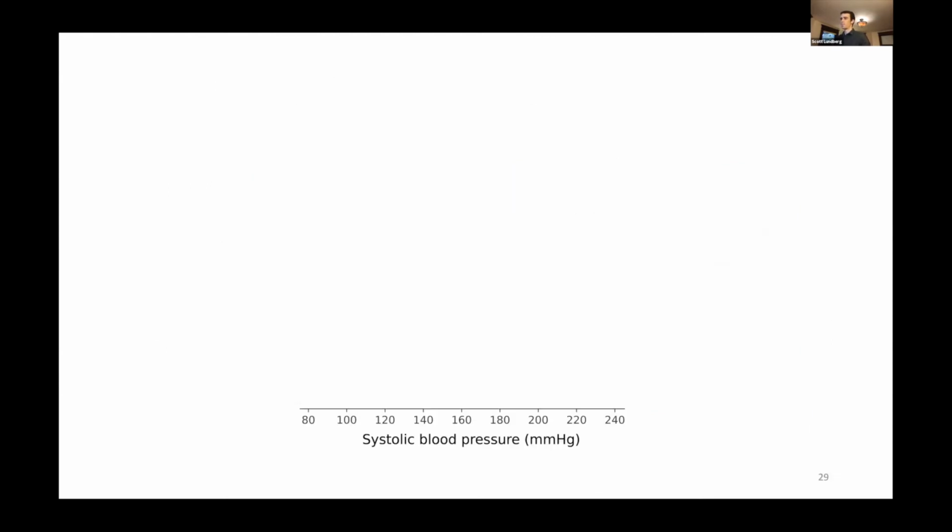So here's an example where we have a partial dependence plot style layout where we have the feature, in this case, systolic blood pressure, on the x-axis, and we have the SHAP value for the systolic blood pressure on the y-axis. And again, this is log relative risk of mortality.